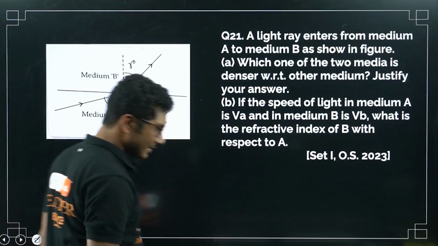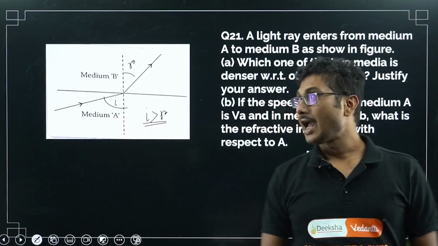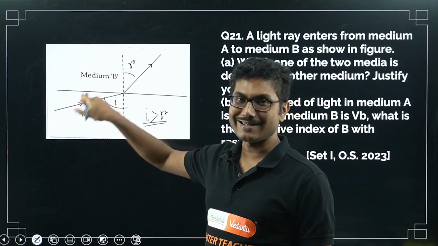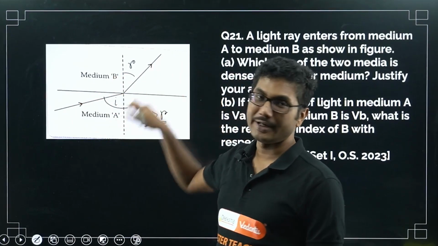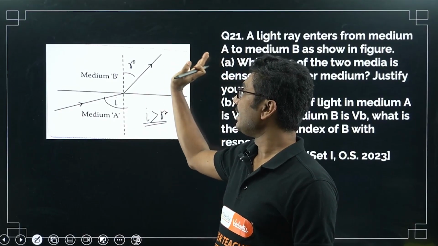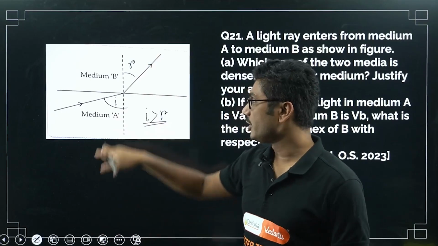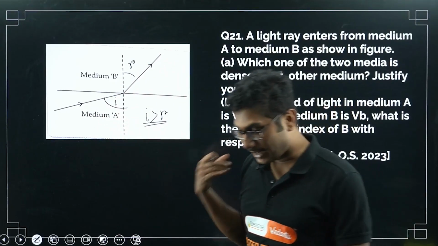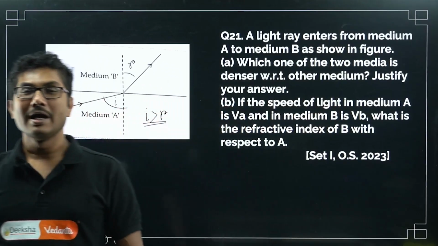So the angle of incidence is greater than the angle of refraction, and this happens because the speed of light in medium A is more compared to the speed of light in medium B. As the speed of light decreases in medium B, it bends towards the normal. So the speed of light in medium A is more, in medium B is less, and the less the speed of light in a medium, the denser it is.